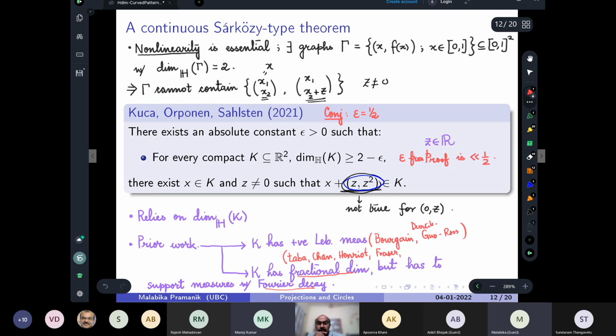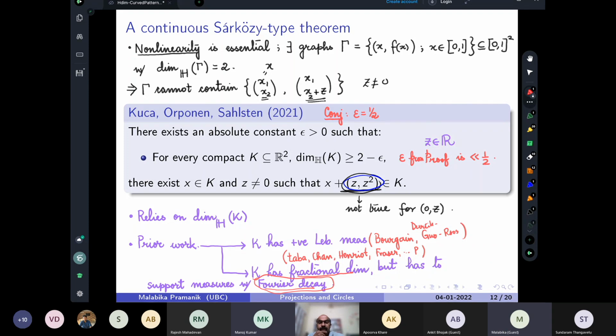So we have a body of work that supports the statement that if a set has both large Hausdorff dimension and Fourier dimension, and that's precisely this condition, then we can prove existence of many kinds of patterns. But one of the roadblocks in this field has been the removal of the Fourier decay condition and resting just on Hausdorff dimensionality.